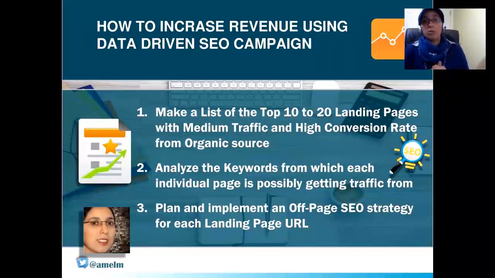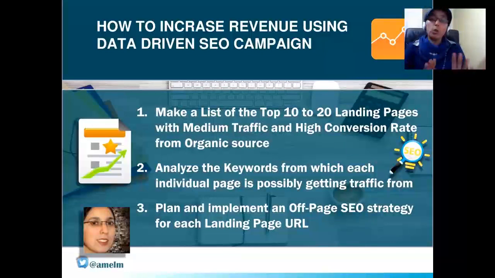So the first thing that you need to do is make a list of the top 10 to 20 landing pages with medium traffic and high conversion rate from organic source, because we're talking about SEO. We're not talking about social media or referral traffic. It's really organic source. Depending on the website, if you have thousands of pages, it's maybe more tricky.